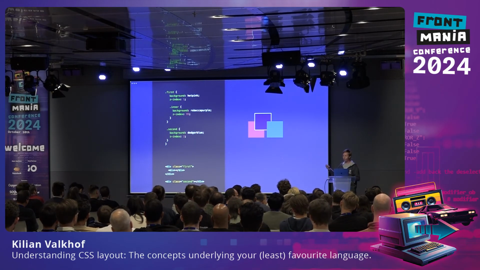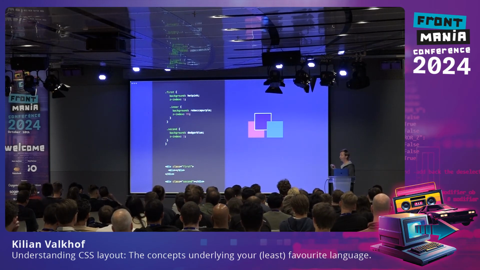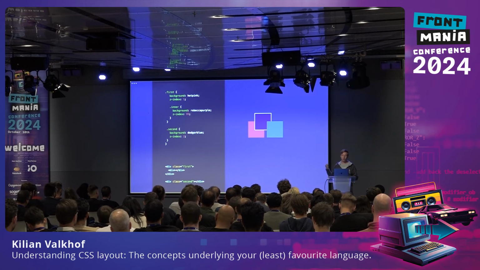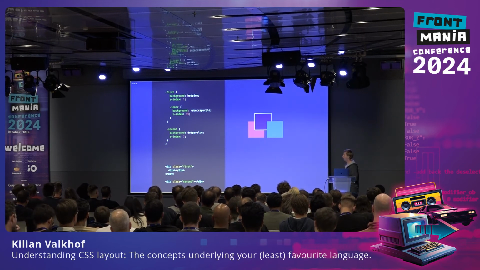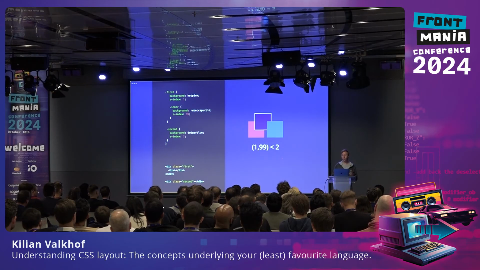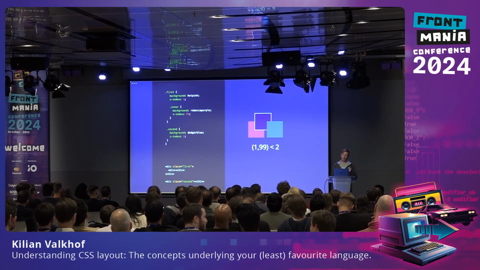One has a z-index of 1, one has a z-index of 99, and the other has a z-index of 2. And that z-index of 2 is still on top of the one that's 99. Because it is not actually 99, it's 1, comma, or 1.99, which is less than 2. So you can only order items in the same stacking context.